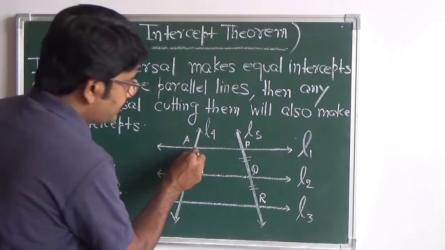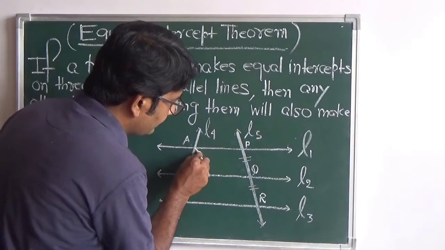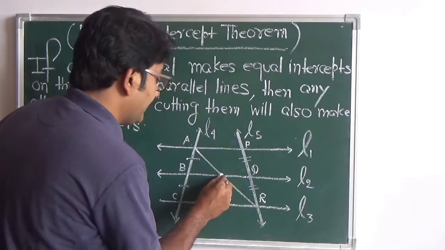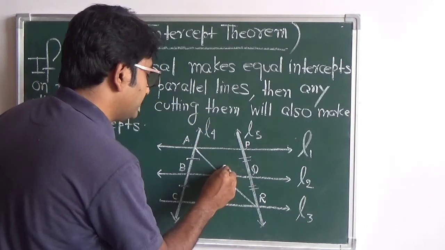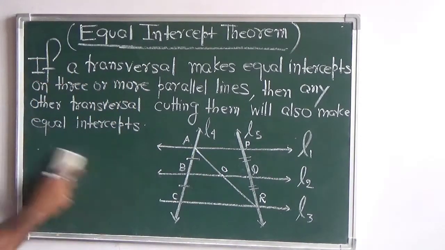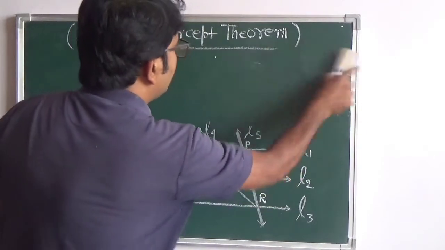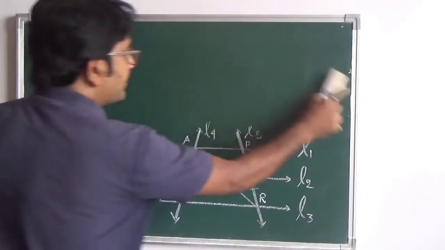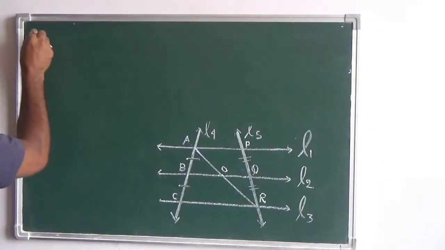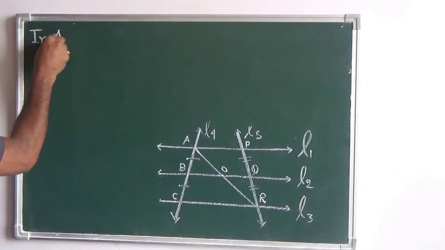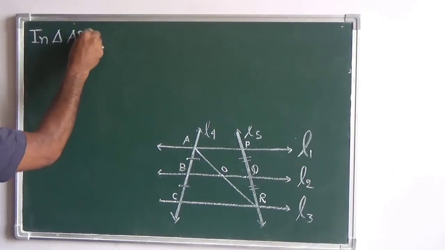To prove this, let us join A to R. Mark this point as O. Now, in order to prove this equal intercept theorem, let us first look at the triangle ACR.